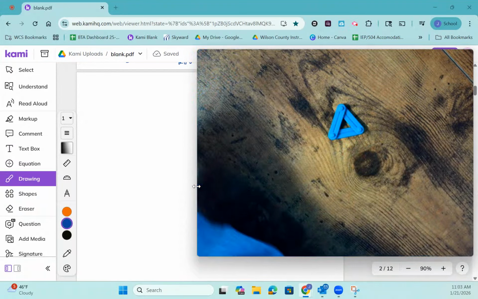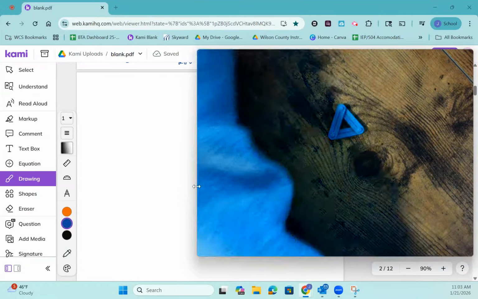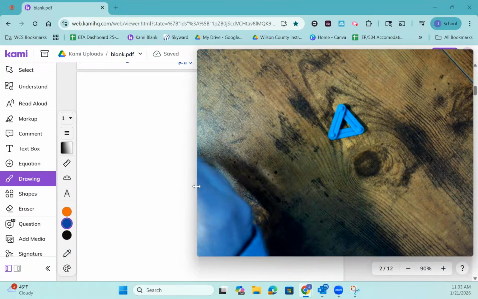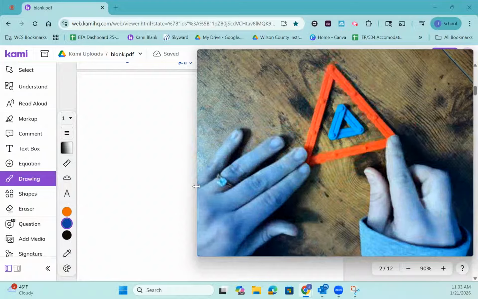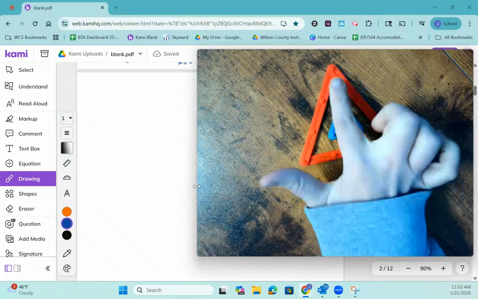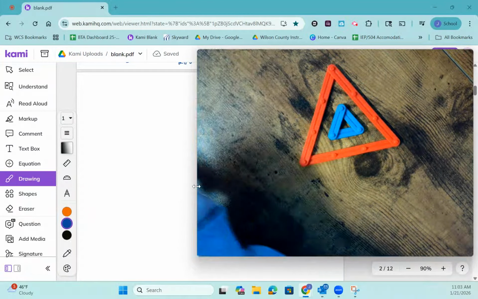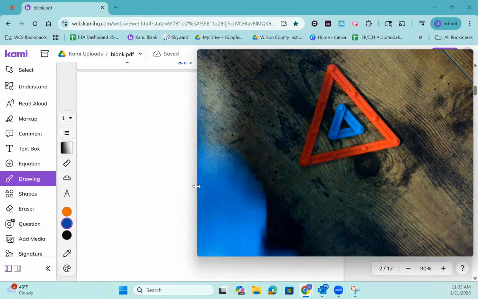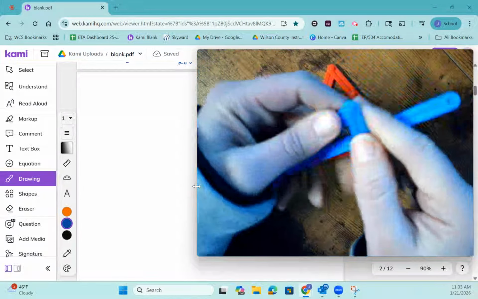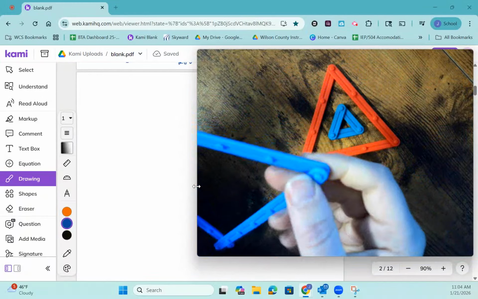Remember, in the equilateral triangle all the sides are the same, but also all the angles are the same. I can also create a bigger triangle with all three angles exactly the same, 60, 60, and 60, and an even bigger triangle that also has 60, 60, and 60.